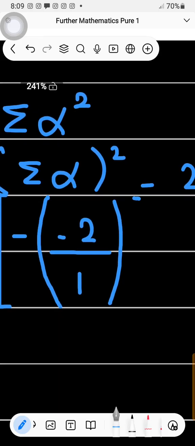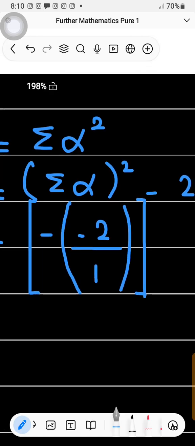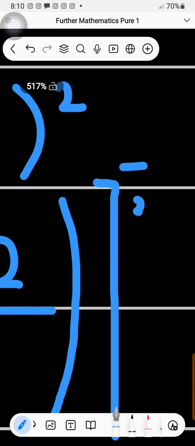This bracket closes, and the whole square here.